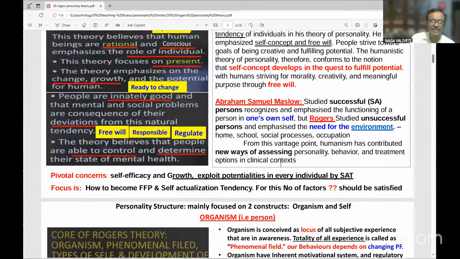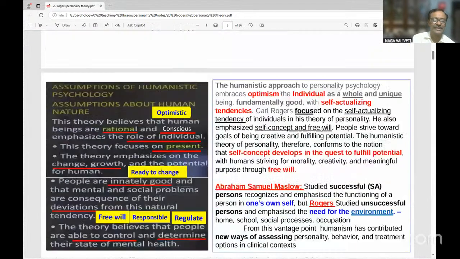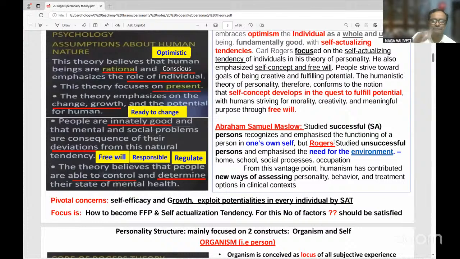This is how he studied. Both Rogers and Maslow studied self-actualization. There Maslow called it the self-actualized person, SAP. Here Rogers called it the fully functioning person, FFP.